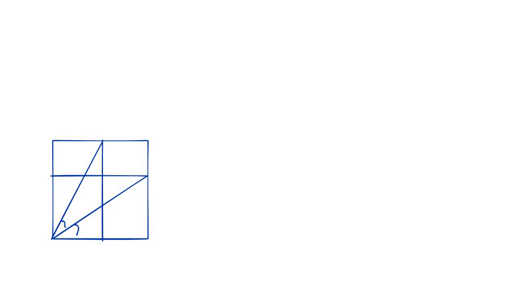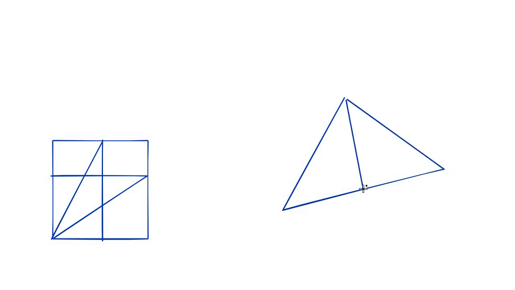Now, what we're going to do is prove this. But first we'll have to explain what the angle bisector theorem is. For the proof of the angle bisector theorem, you'll have to search that up because, of course, I'm not going to explain everything in this video. But what the angle bisector theorem essentially states is, let's say you have a triangle and this is the angle bisector of the triangle.